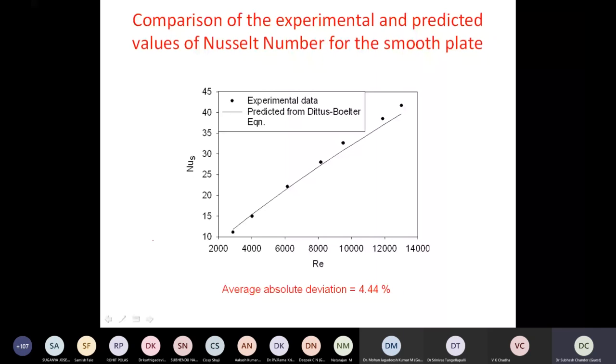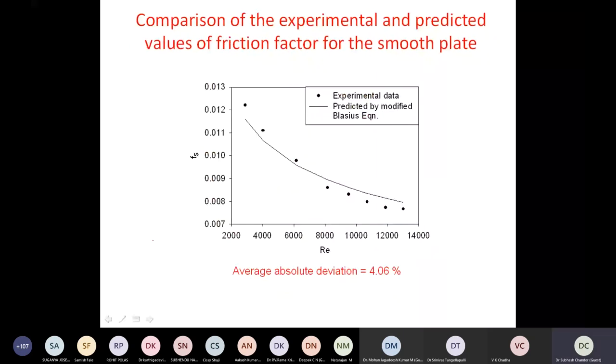So we could see that our experimental setup, whenever some alterations are made, is going to give us correct information. Again, for the friction factor, we could see that the deviation is within the acceptable zone. For heat transfer experiments, there is a 4% error. Even when those correlations were made, there was some error.